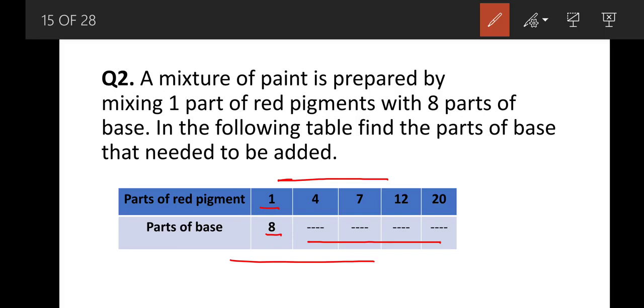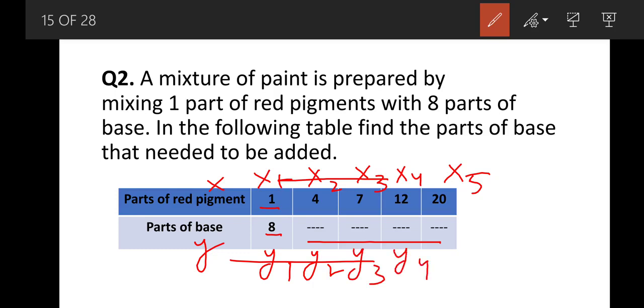How are we supposed to proceed? Suppose I am taking x and this is y. So this will be x1, x2, x3, x4 and x5. This is y1, y2, y3, y4 and y5. As I told you, when the two quantities are in direct proportion, their ratio will remain the same.